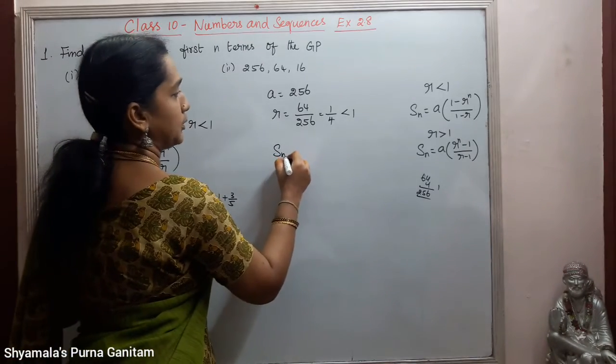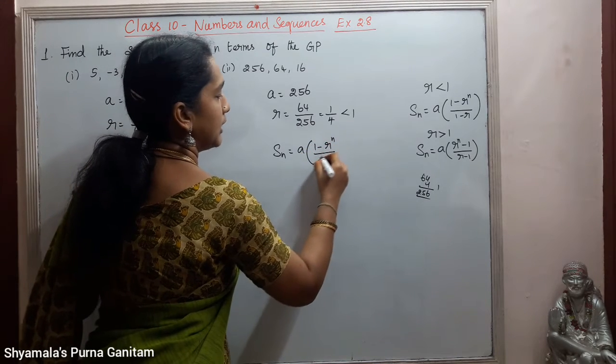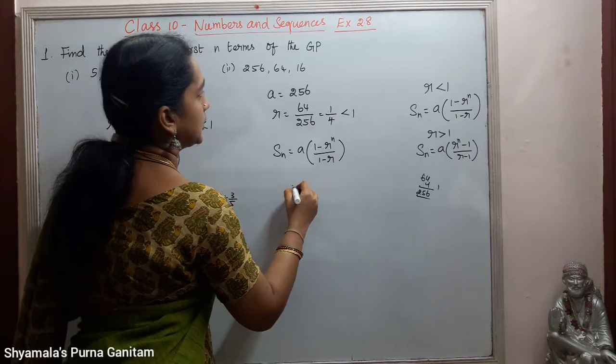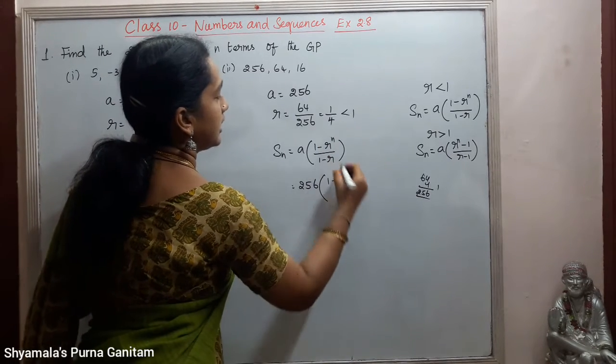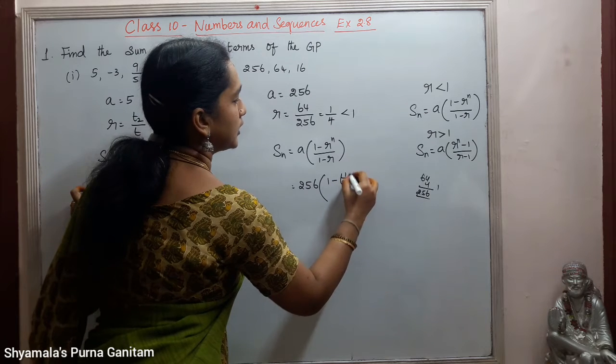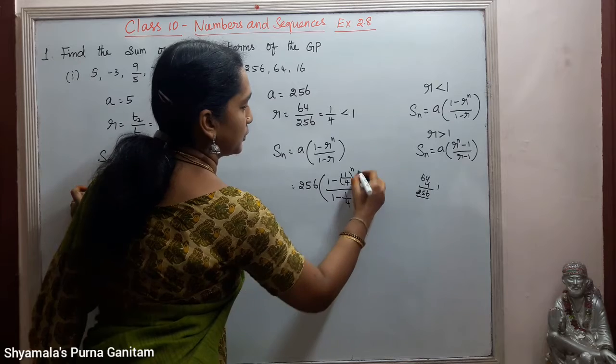So Sn is equal to a into (1 minus r power n) by (1 minus r). So a is 256 and 1 minus (1 by 4) the whole power n, divided by 1 minus 1 by 4.